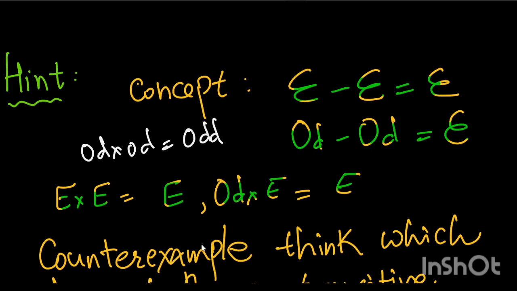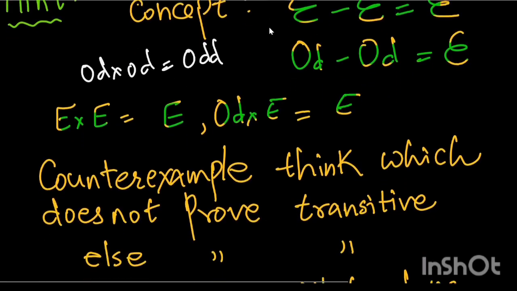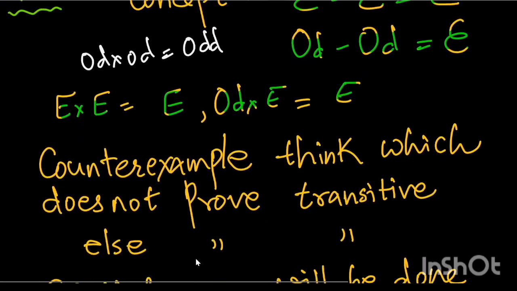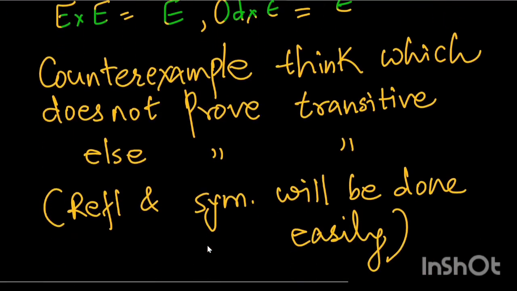So either we try to prove it or we take a counter example. If we try to prove reflexive, we will equate, and for symmetric we will interchange, so reflexive and symmetric can be done easily.